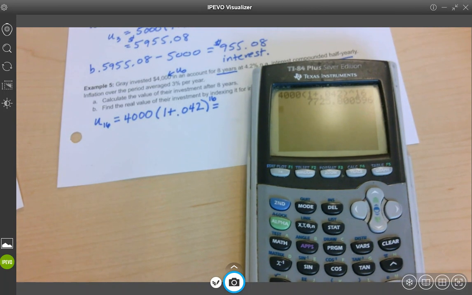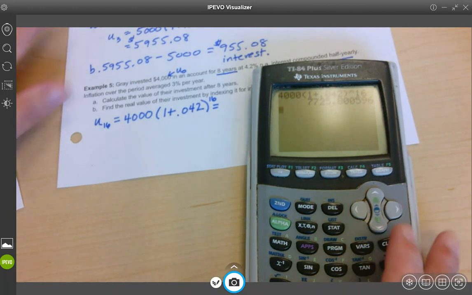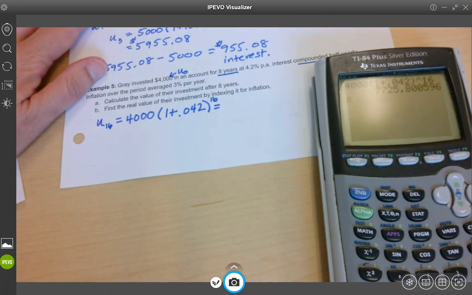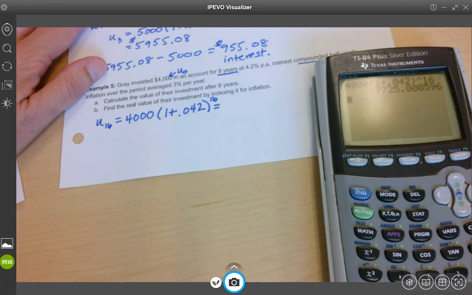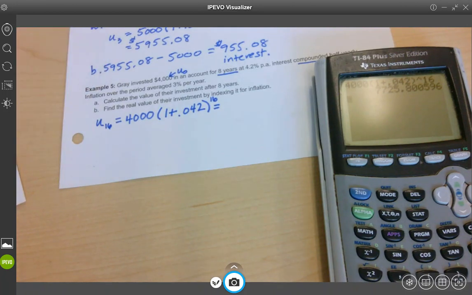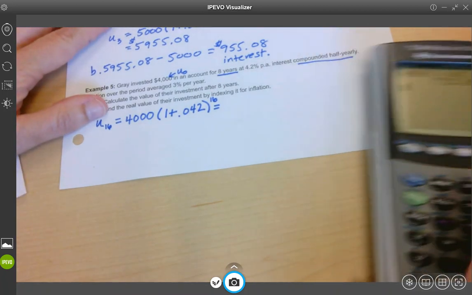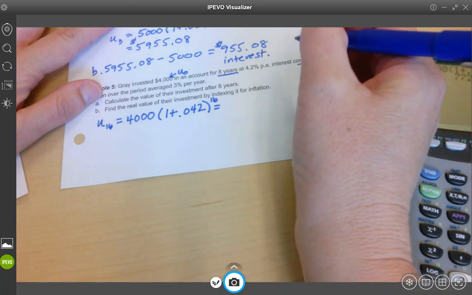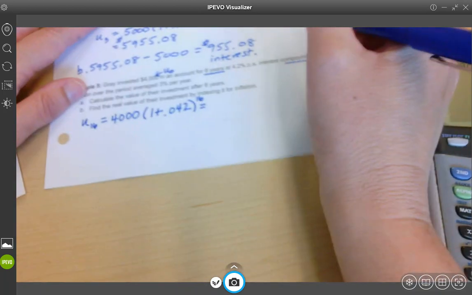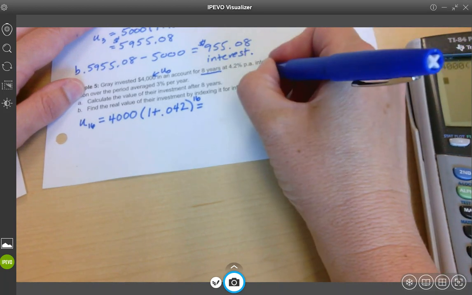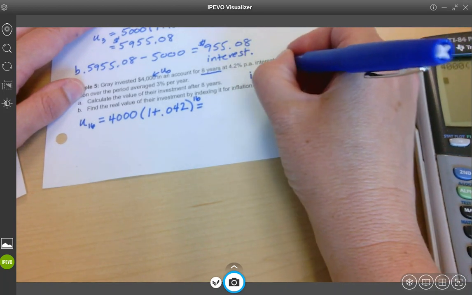Oh, you know what, guys? I made a mistake. Can I tell you the mistake I made? When the interest is compounded more than once a year, you have to divide it so that it's compounded half for the first half of the year and half for the second half of the year. If it were 12 times, you would divide the interest by 12. Because this is 2 times, you divide the interest by 2. So the interest actually should have been not 0.042, but divided by 2.